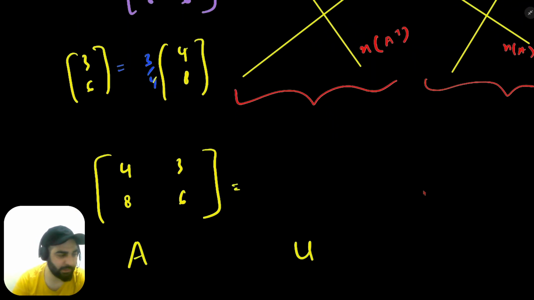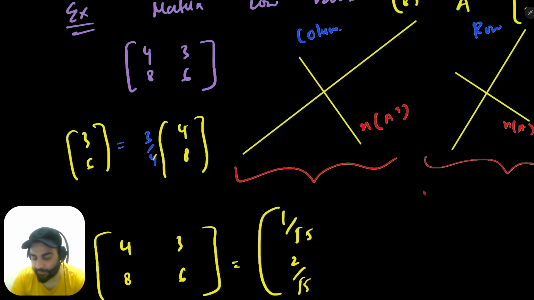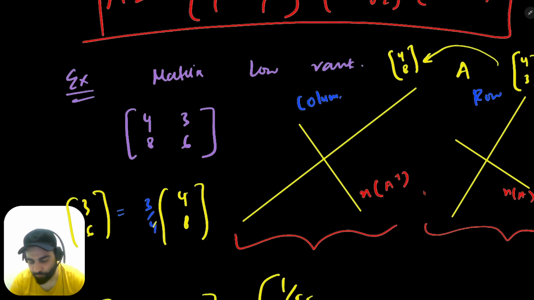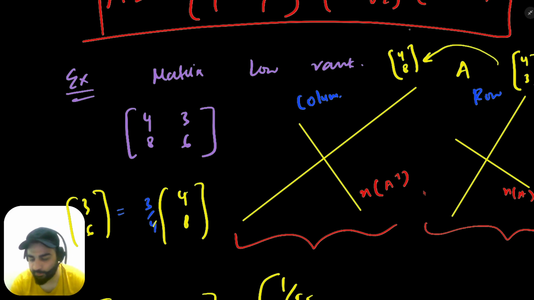So U is 1 by root 5 and 2 by root 5. This is the U vector. How can you write it? 4 8 can be written by taking 4 out, so this will be 1 and this will be 2.